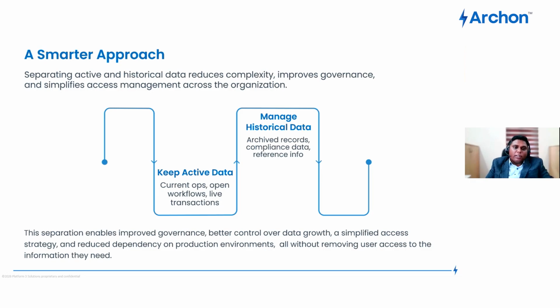All those kinds of data, which once generated will not have any effect on ongoing operational activity, right? So that type of segregation is what we would want to take into account, which will help us to separate what is active versus what is historical, right? So that is the first step or the building block.